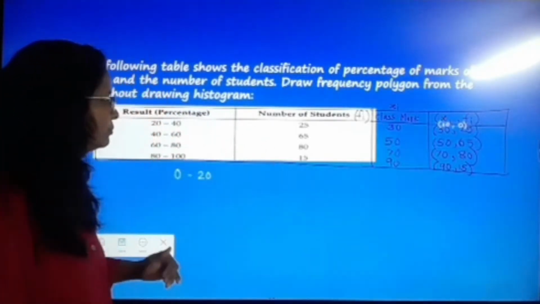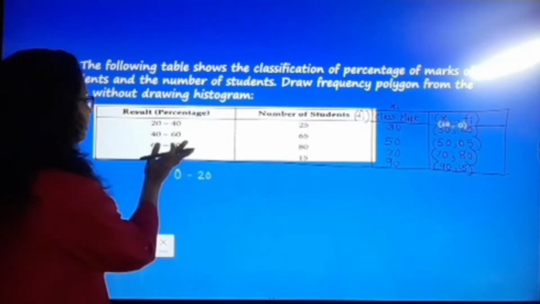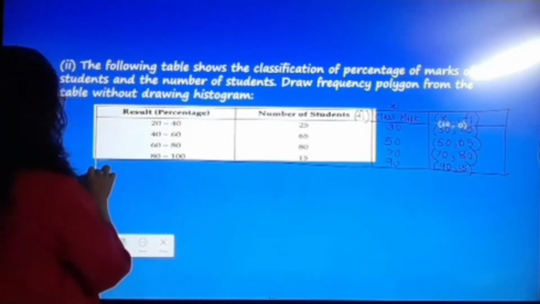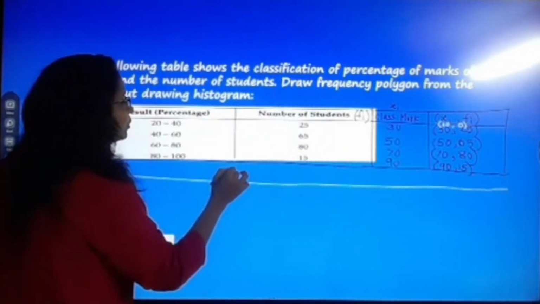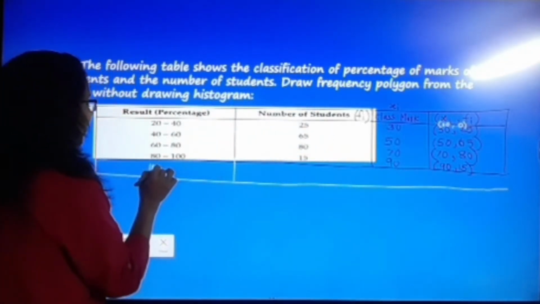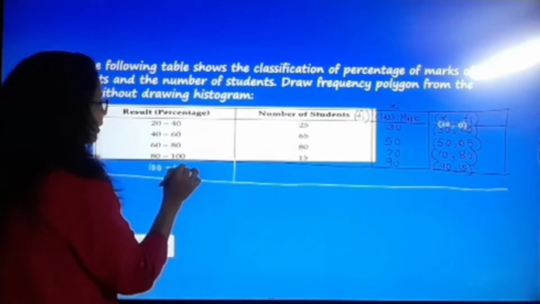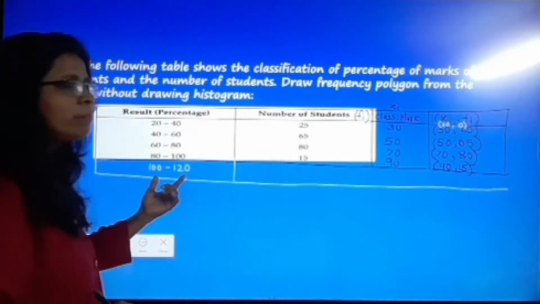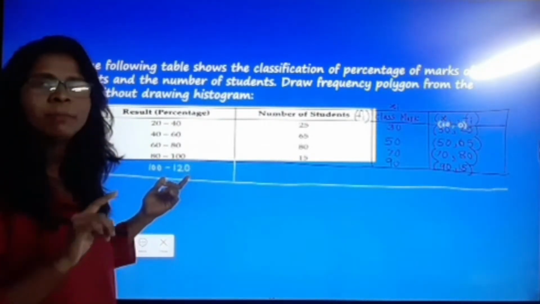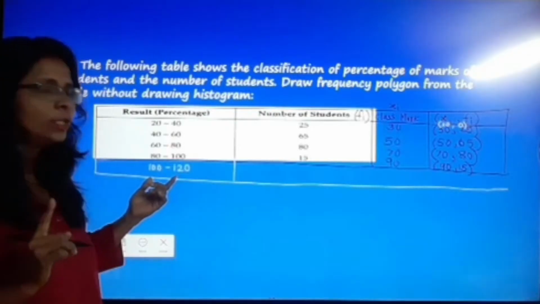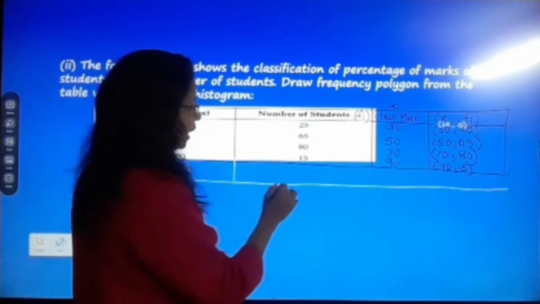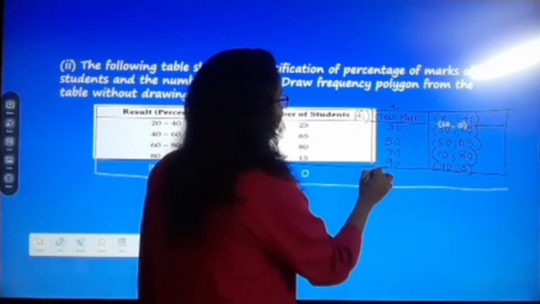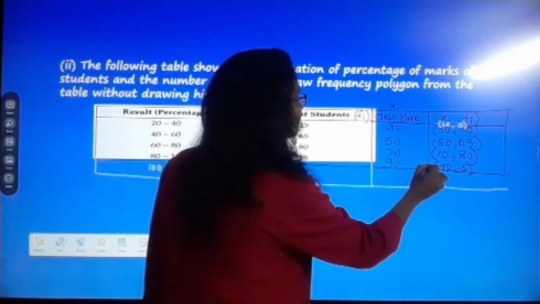And what about the last one? Here we write 100 to 120, because the difference between the lower limit and the upper limit is 20. The number of students is not given, so write 0.